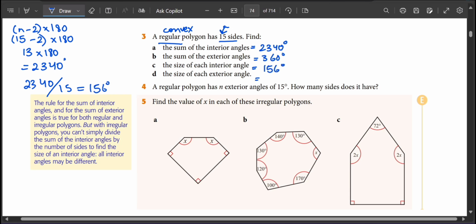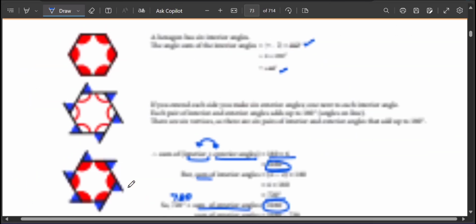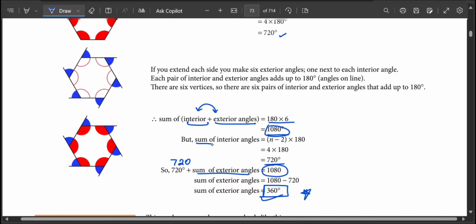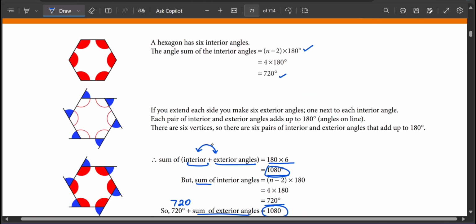And the size of each exterior angle. How are we going to find it out? Let me go over this once, and you can see over this as well. If we combine all of them, they were 720, right?